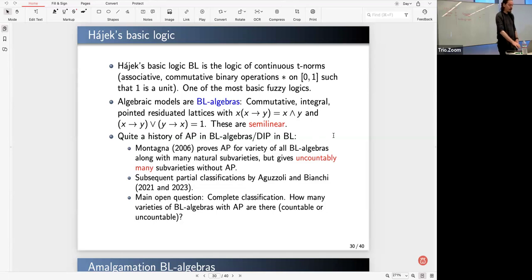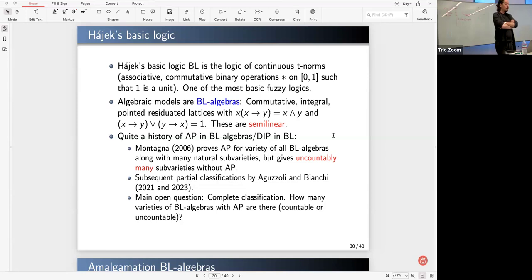Now, the study of amalgamation in BL algebras, the same as deductive interpolation in basic logic, has a long history. As I said, Franco probably started thinking about this about 2003, as far as I can place it. In 2006, he had quite a lovely paper where he proved AP for a lot of different varieties of BL algebras that are very natural, including the whole variety of all BL algebras.